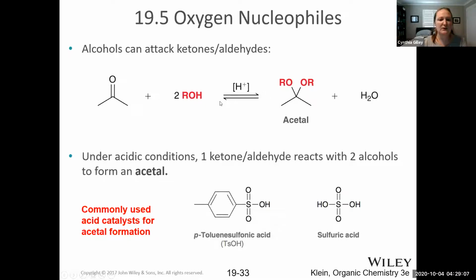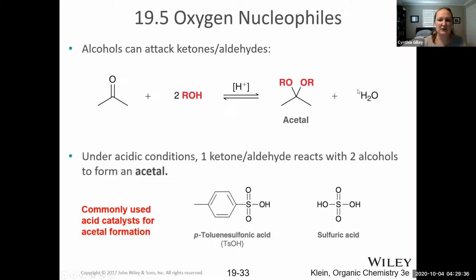So we need to utilize conditions that will favor the direction that we want for the equilibrium. So for example, one of the easy ways of manipulating the equilibrium is through the use of the fact that water is a product in acetal formation. If we remove water from the reaction mixture as it generates, that is going to drive the equilibrium forward to produce the acetal.